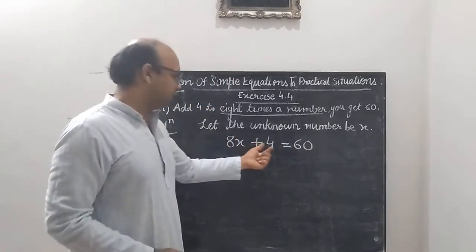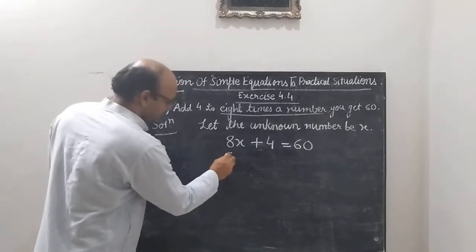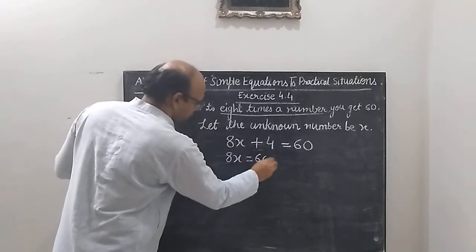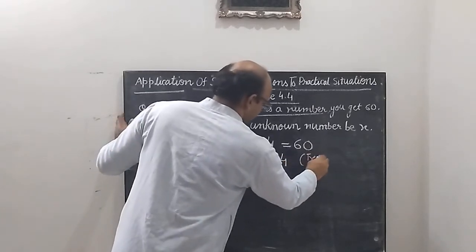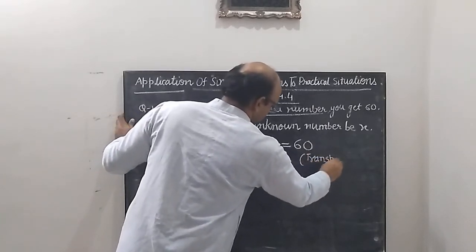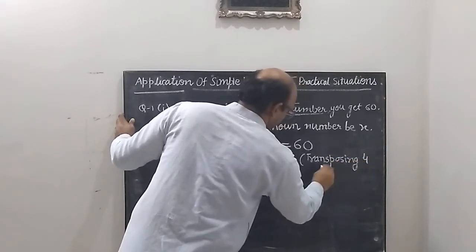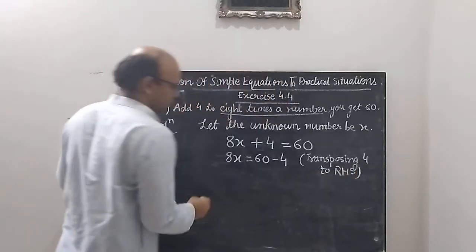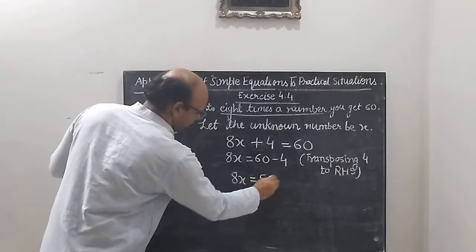Now what has to be done? We transpose 4 to the right hand side. So 8x is equal to 60 minus 4, and we write over here transposing 4 to RHS. Then this is 8x is equal to 56.